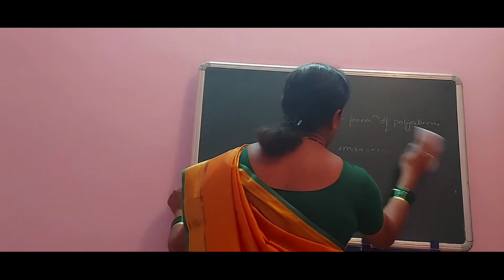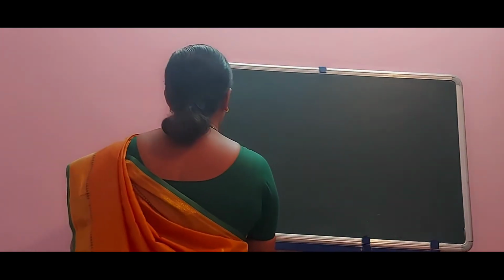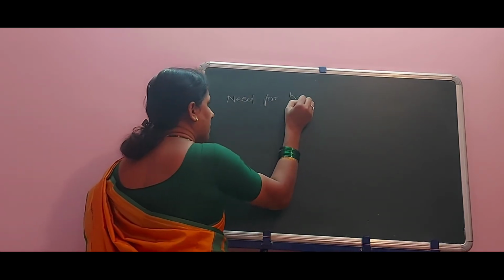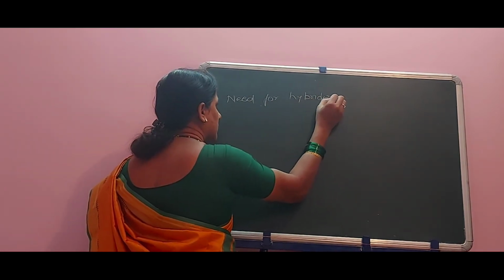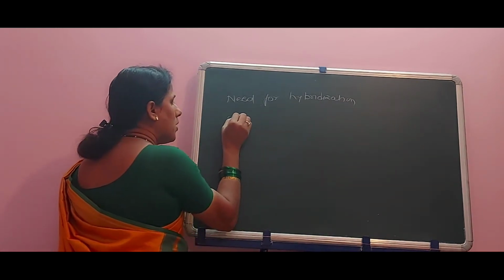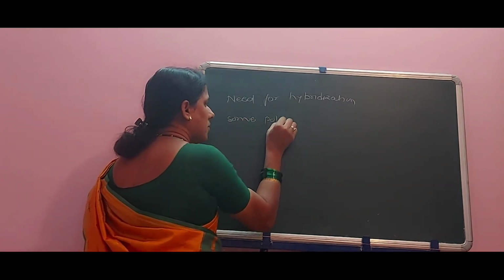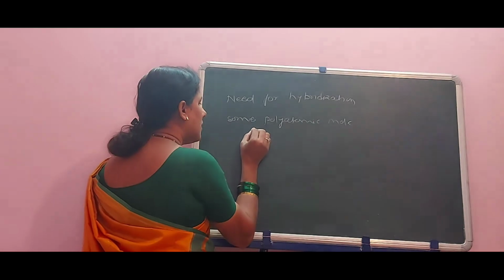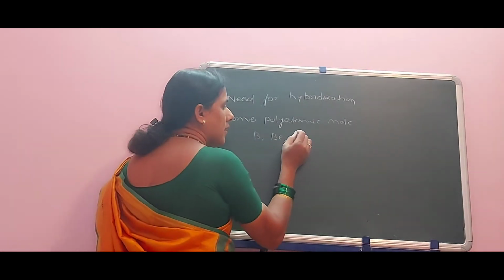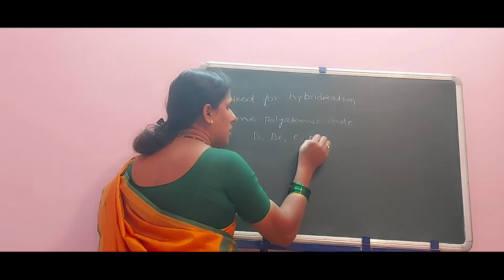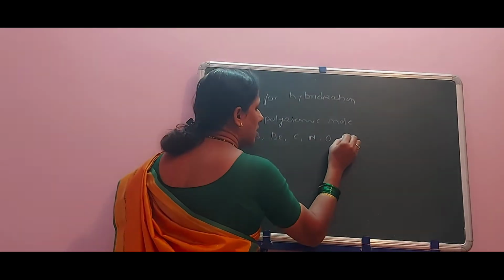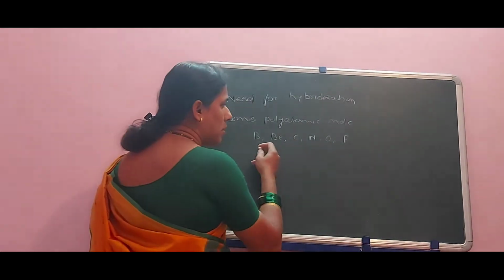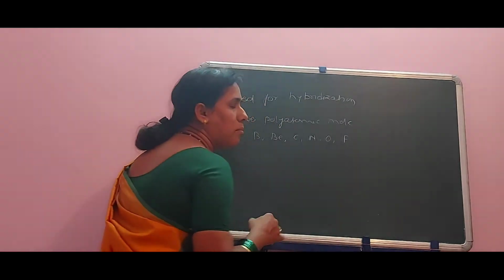Here I am going to discuss the need for hybridization. Some polyatomic molecules involving boron, beryllium, carbon, nitrogen, oxygen, fluorine have geometries that cannot be explained by the old theory.